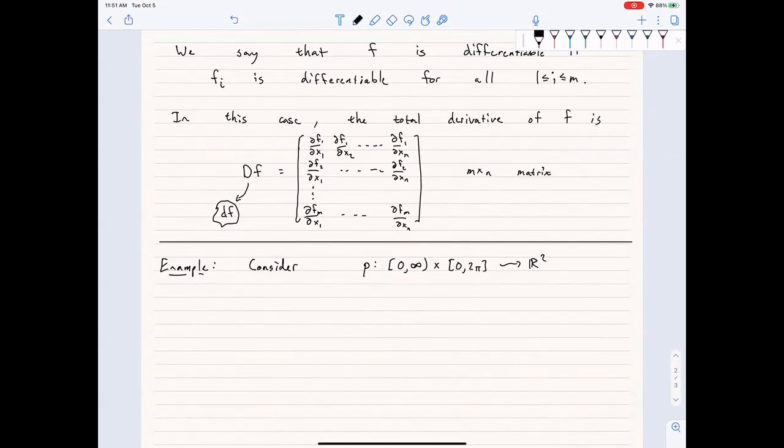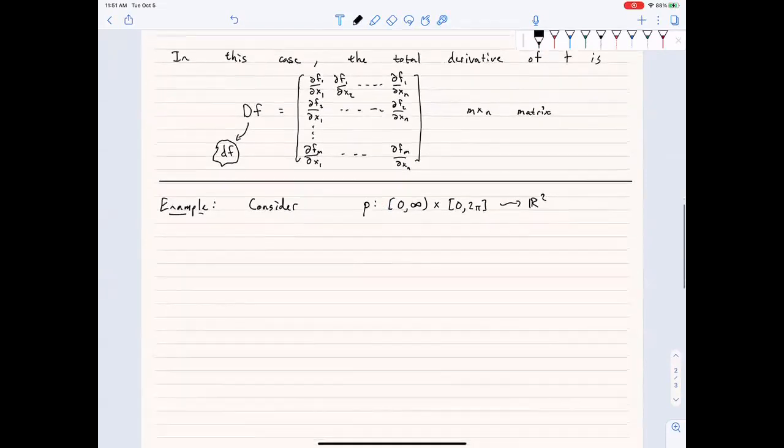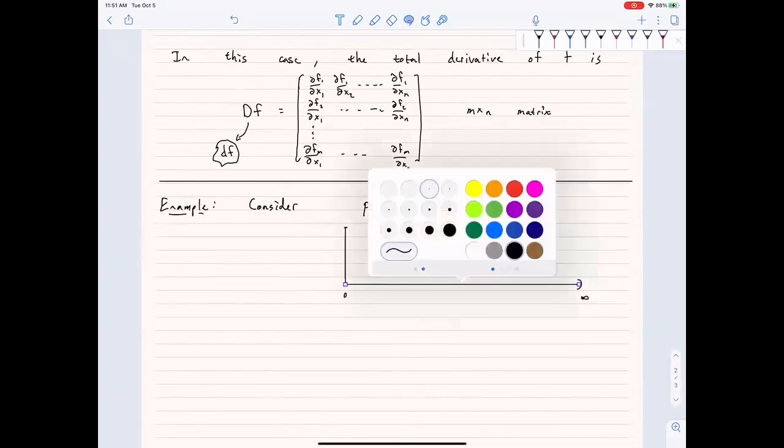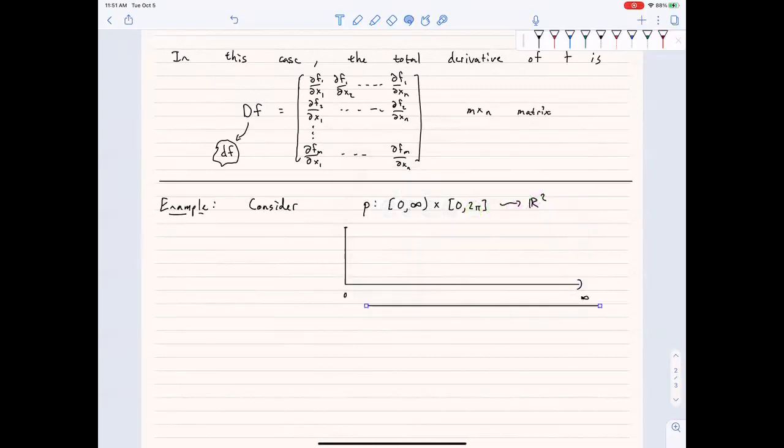Well, this is a subset of R^2, and we can see what it is. We take the half open interval from 0 to infinity, and then we cross it with this finite interval here. So we just cross it and we get this.